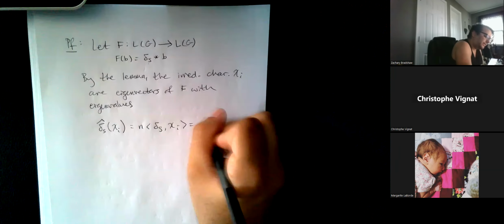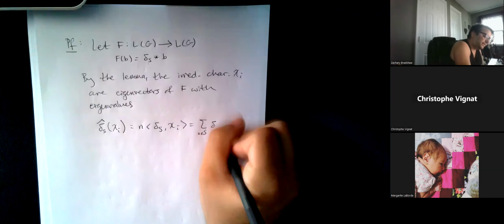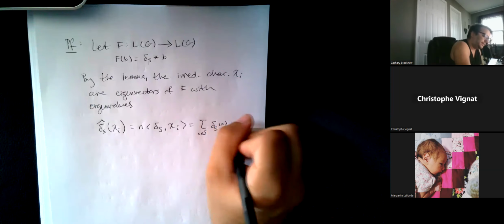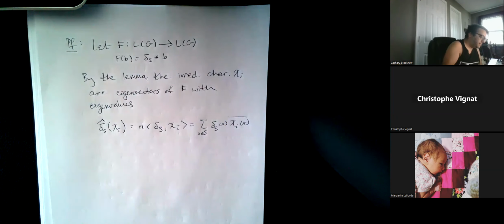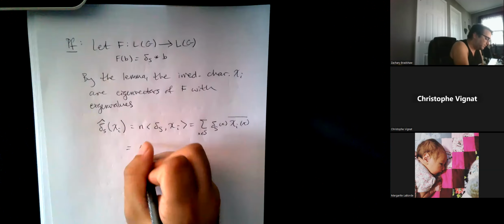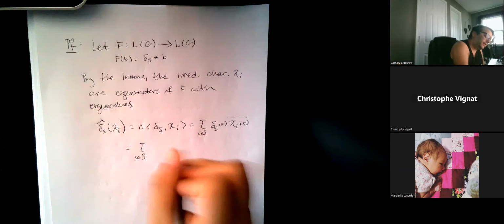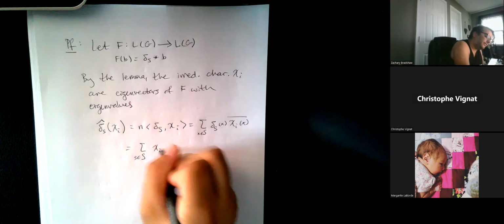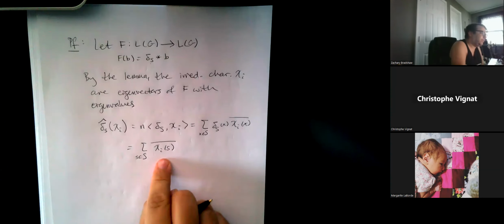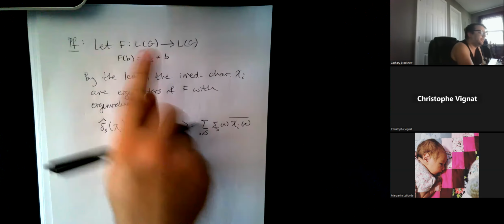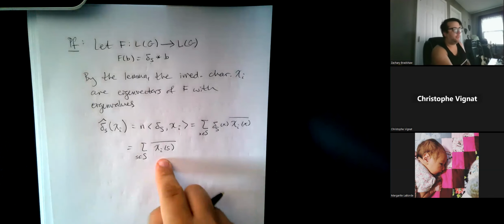And this is the sum over X in the symmetric subset of delta S of X chi I of X conjugated. And this is equal to the sum over S in the symmetric subset of chi I of S conjugated. Now, since we're assuming that the group is abelian, all of these irreducible representations will be one-dimensional, so they'll have degree 1.